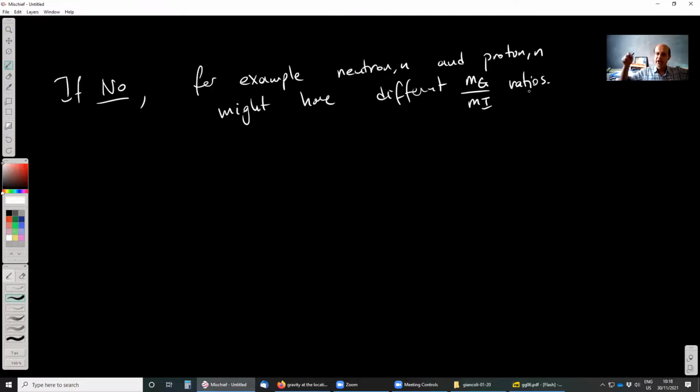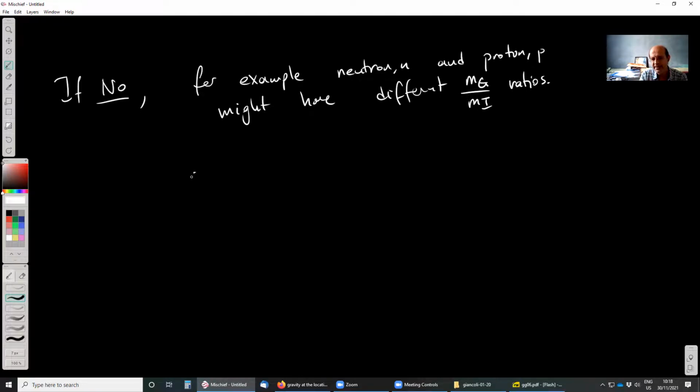Okay, a neutron and a proton, proton has a symbol P, and perhaps an electron too. Some elementary particles might have different ratios for this gravitational mass to inertial mass, right?